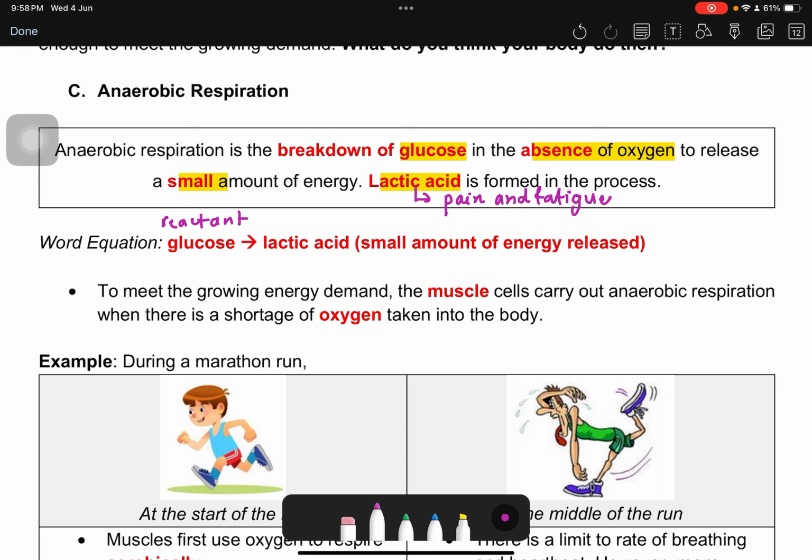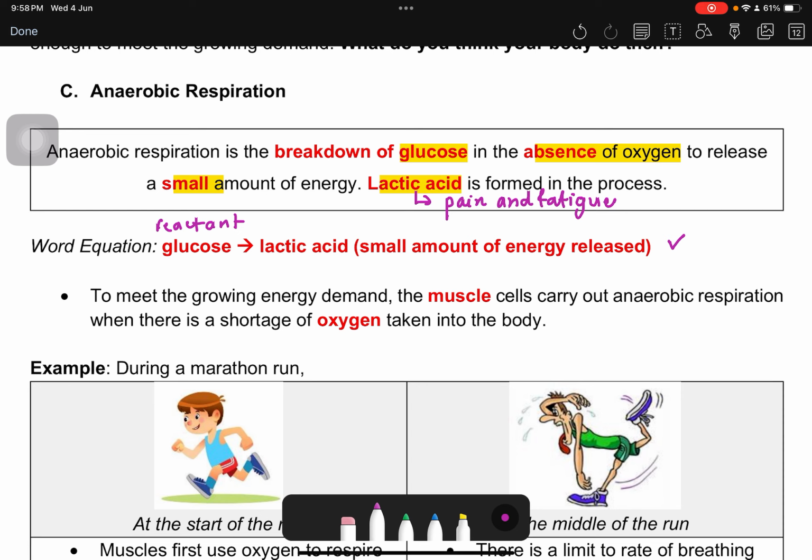So same thing, two ways of writing the word equation. One seen over here, and the other way of writing the word equation for anaerobic respiration is to label the word energy on the arrow itself to indicate that energy is released as glucose is broken down into lactic acid.